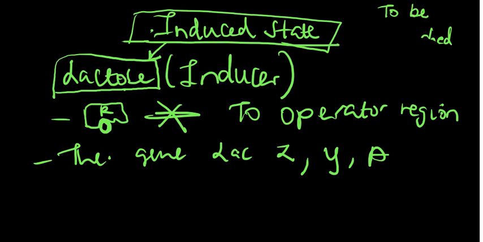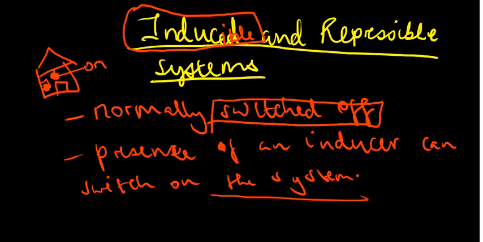Let me just clarify on this. If something is inducible, like we said in the first place, let me just take you back here. We said the inducible system is normally switched off.